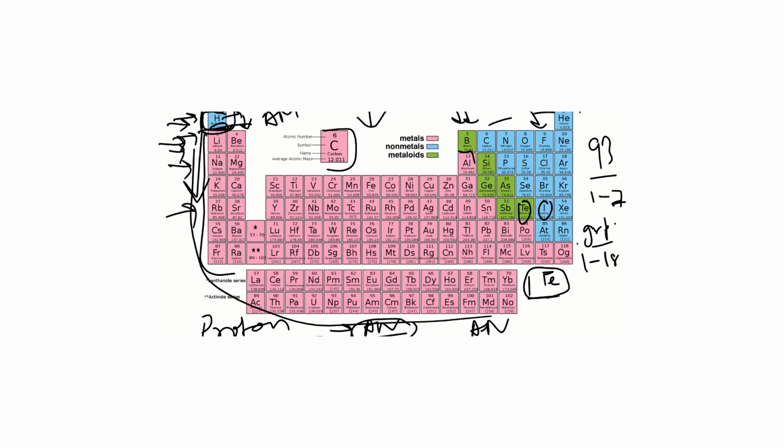So there are 18 columns. They are called group or family. Why are they called a group? Because in a column all the elements have the same physical and chemical properties, or there is a pattern in their physical or chemical properties.